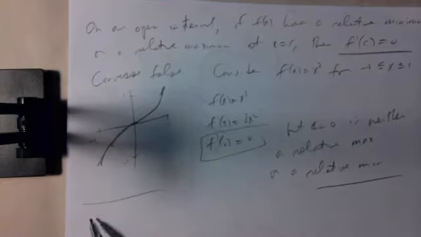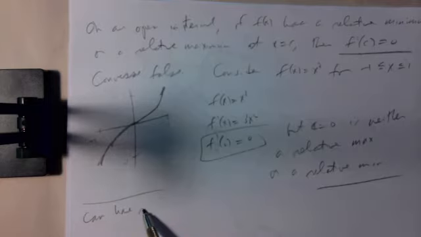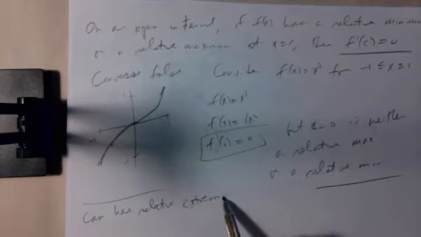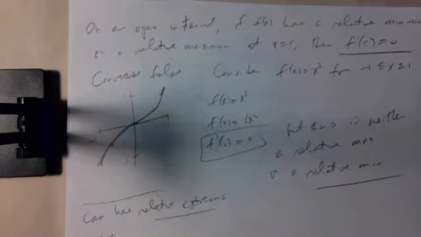And of course, you can have relative extrema. Extrema is the plural of extremum. That means a minimum or a maximum, even if f prime of x, the derivative, does not exist.